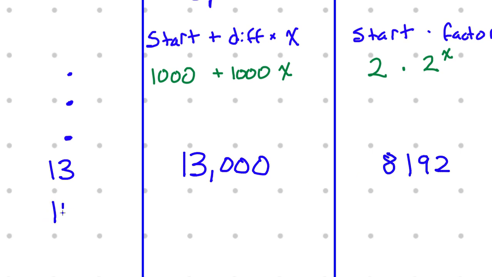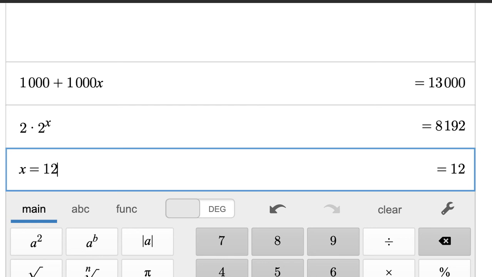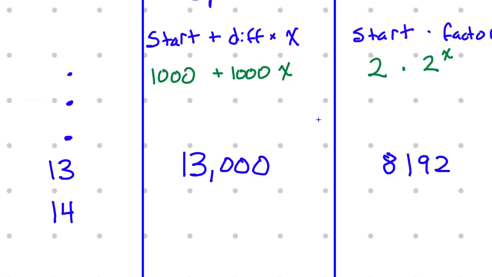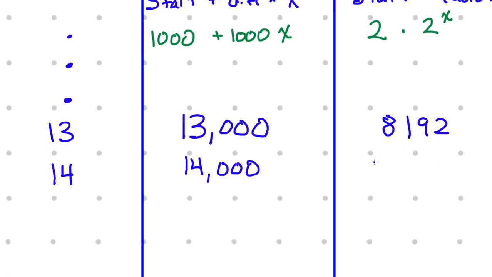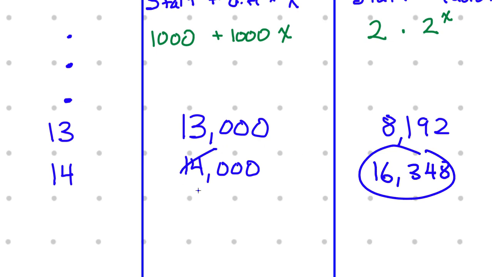And by day 14, if I come down here and do 13 days in the future, I have 14,000 and 16,348. And we can see now that this side is bigger than this by day number 14.